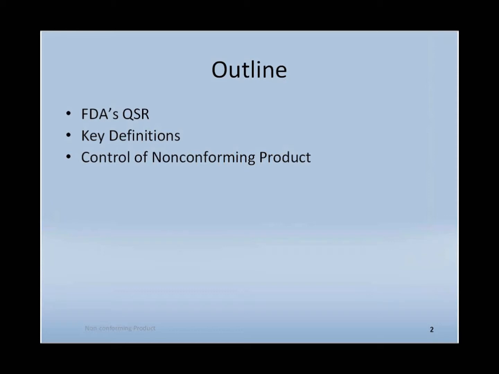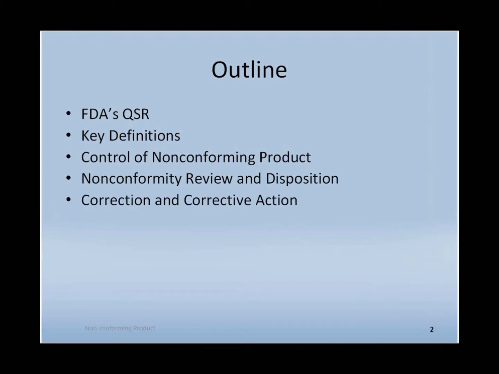Then we're going to look at control of non-conforming product. What does all of this mean? Once we have our non-conforming product under control, we're going to review it to find out some things and then decide what to do with it, which is going to be a technical term called disposition. So we're going to talk about review and disposition.